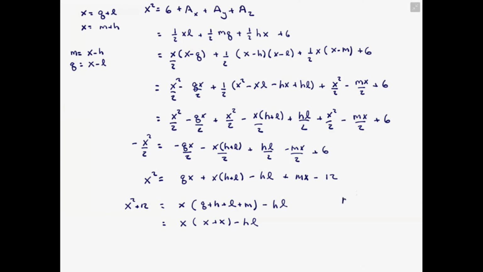Okay, H equals 16 minus x squared, and L equals 25 minus x squared.